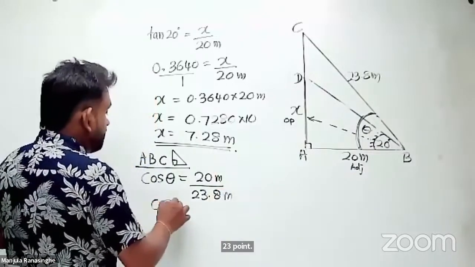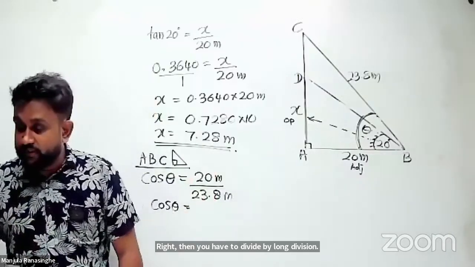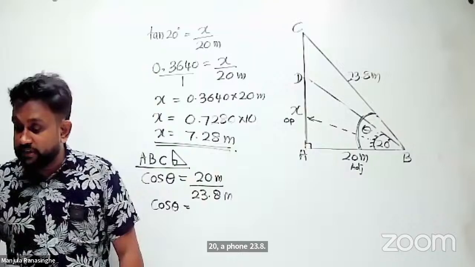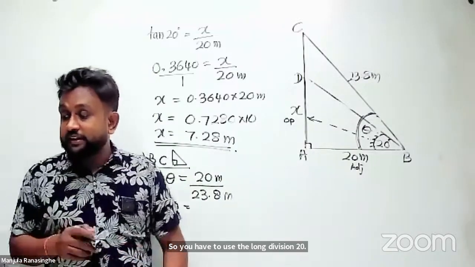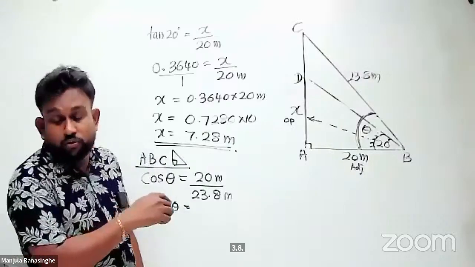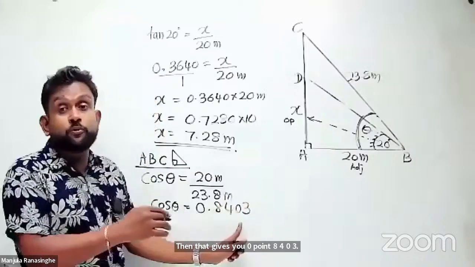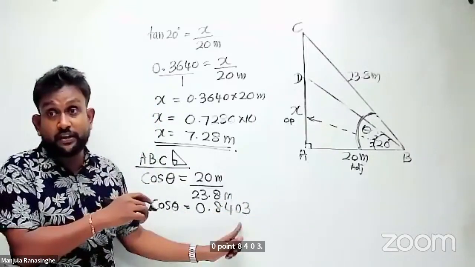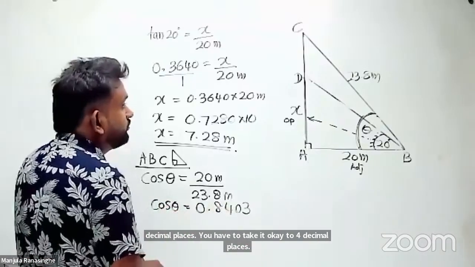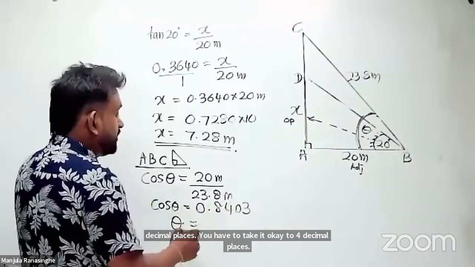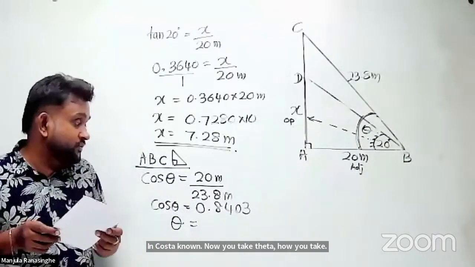Then divide by long division, 20 upon 23.8, which gives 0.8403. You have to take it to 4 decimal places. Then cos theta is known. Now you take theta from the table.